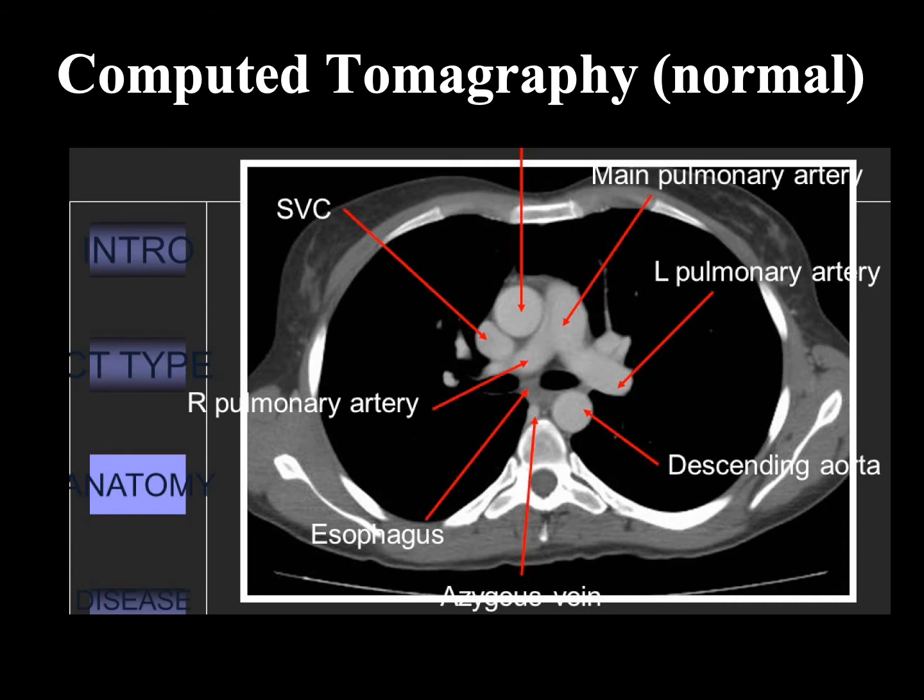Here you can see a CT scan of the superior vena cava, main pulmonary arteries, descending aorta, esophagus, and the vein in front of the spine. The air is very dark, and your organs are more of a gray shadow, so it's a really nice visualization of these tissues.